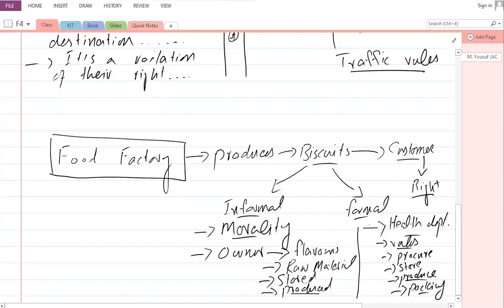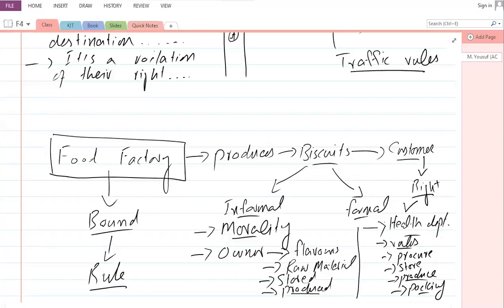So this food factory is bound by the rules. If that factory is bound by the rules, the factory has to comply with that formal mechanism at every cost. Every section and every department of that company will be following these rules.